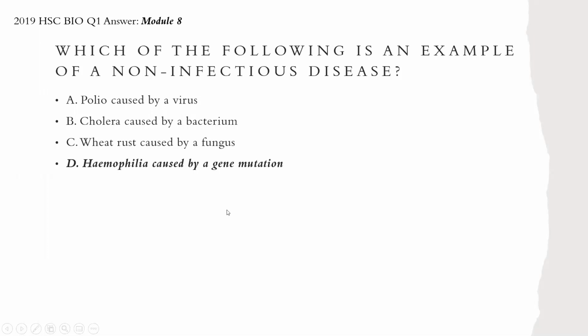So we know that a virus, bacterium, and a fungus are all going to be infectious diseases, not non-infectious diseases. Therefore, hemophilia caused by a gene mutation is the only disease that's non-infectious, and this is actually going to be a hereditary disease.